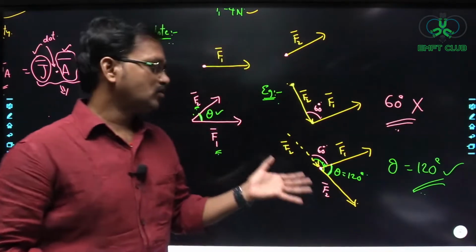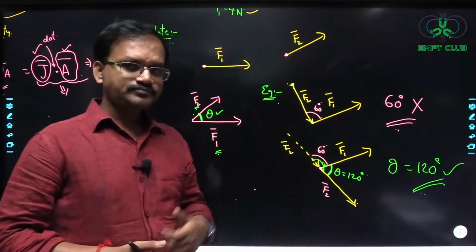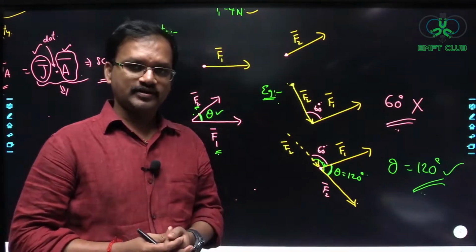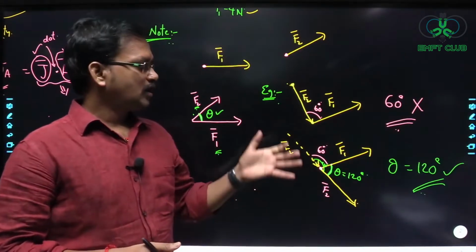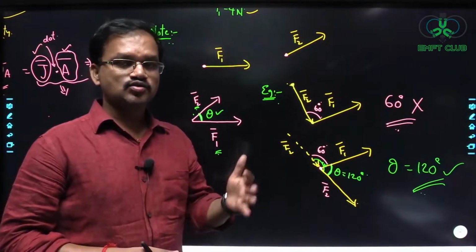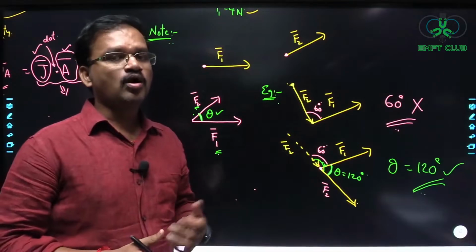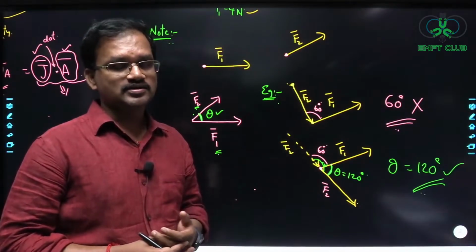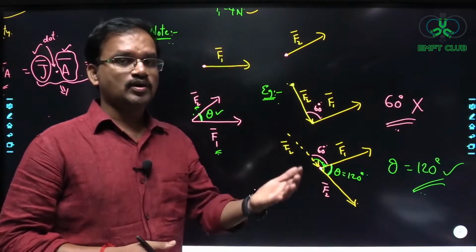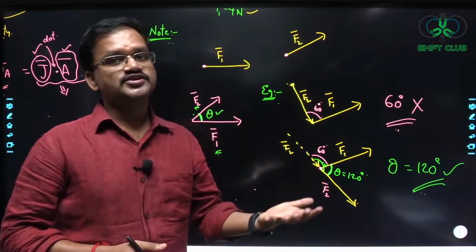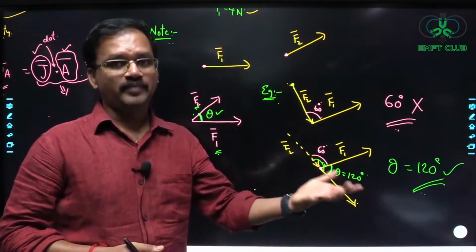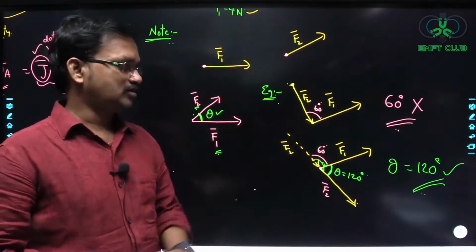So why have I told this point here? Because whenever you are adding any two vectors, the addition is going to depend upon the angle between those two vectors. If you don't know how to measure the angle between them, there is a chance that you will do the addition of vectors in a wrong manner. So that's why I have explained all these things.